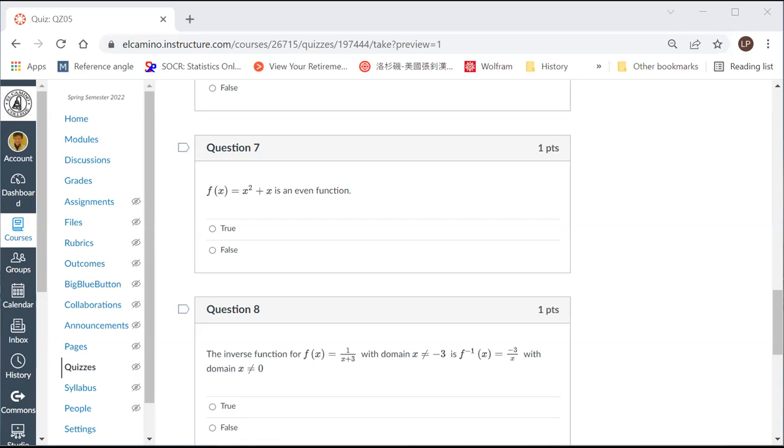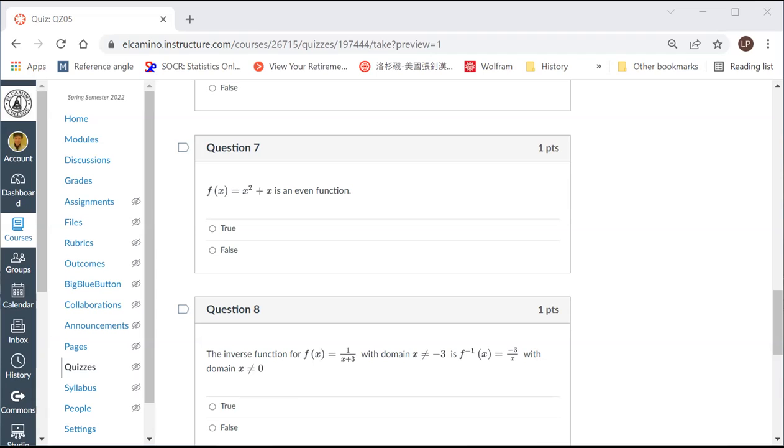All we have to do is go by definition. We have f of x here, and we just have to figure out what is f of negative x. So negative x replaces x, and we end up with negative x times negative x, which is x squared, plus negative x, so minus x.